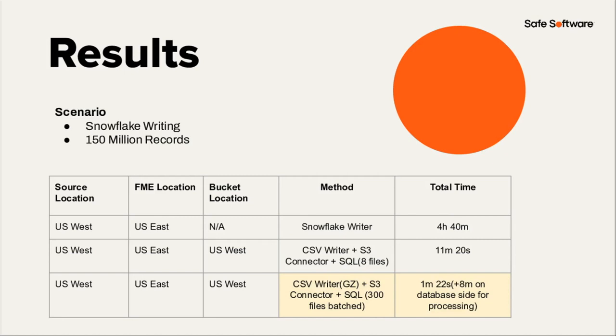Now, the really fast one, which I was able to do with a workspace runner and really essentially batch the running, which you could even take to another level with FME Flow, which we'll explore later on: writing compressed CSVs and then uploading them to S3 and then using that same SQL with 300 files batched. It took 1 minute and 22 seconds within FME, and then roughly another 8 minutes on the database side to finish the processing of loading those CSV files in.